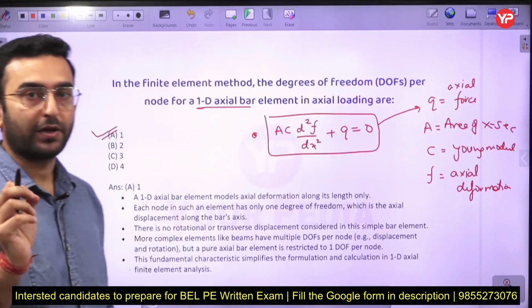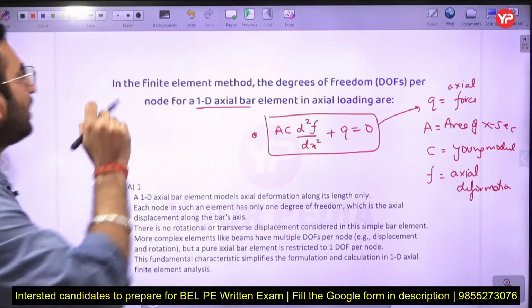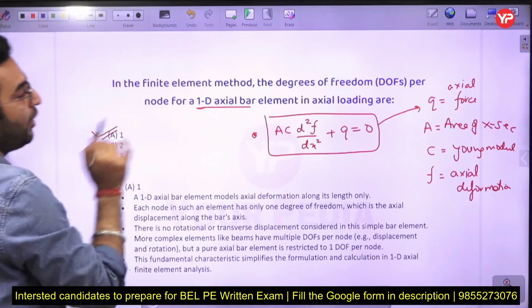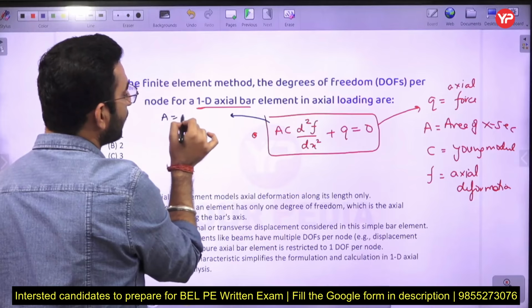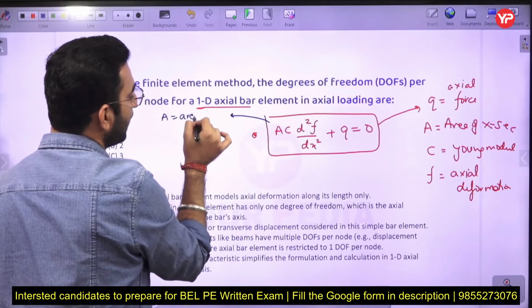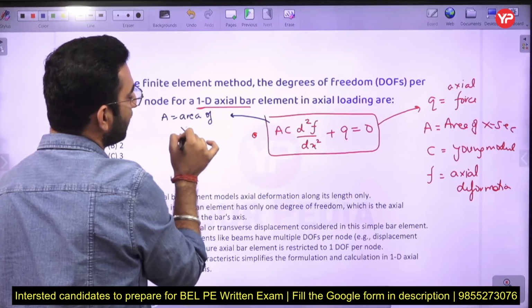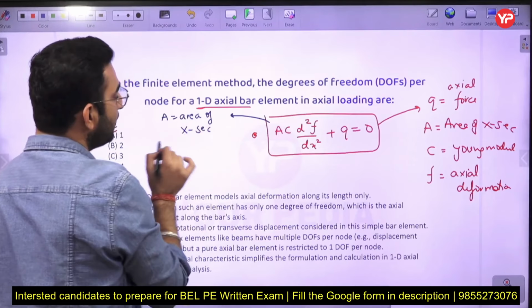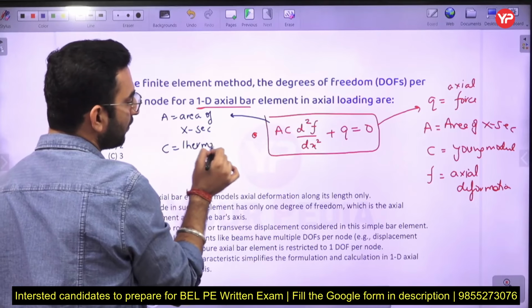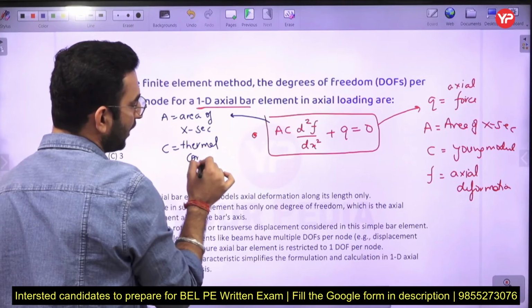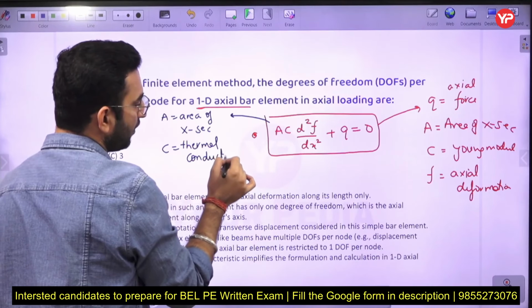Now let us suppose we talk about the heat transfer problem, the generalized heat conduction problem. In that case, what will happen? A will again represent the area of cross section of the element or body. C will represent the thermal conductivity of the problem.